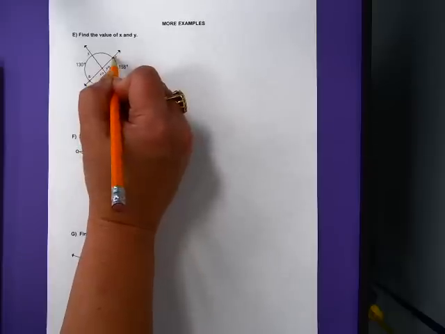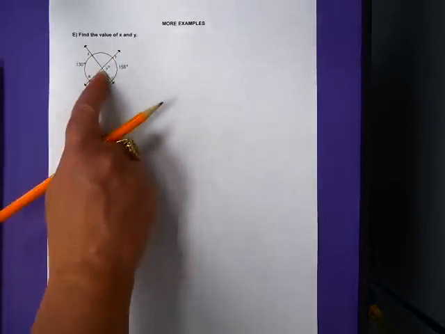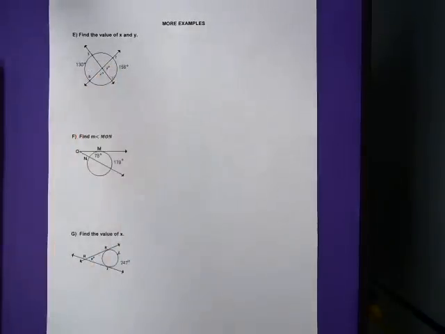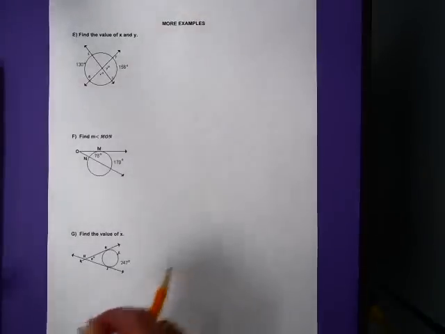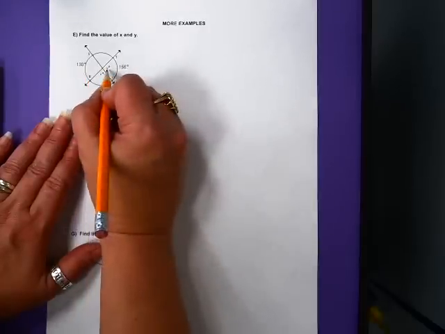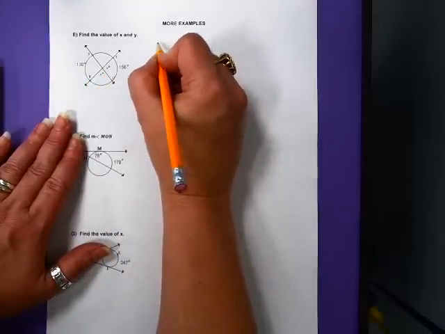So here's a chord, and here's a chord. And those chords are intersecting inside. So we're going to use that second theorem, which is the angles inside the circle theorem. I know these two arcs, so it's going to be easier for me to find y. So I'm going to find y first.